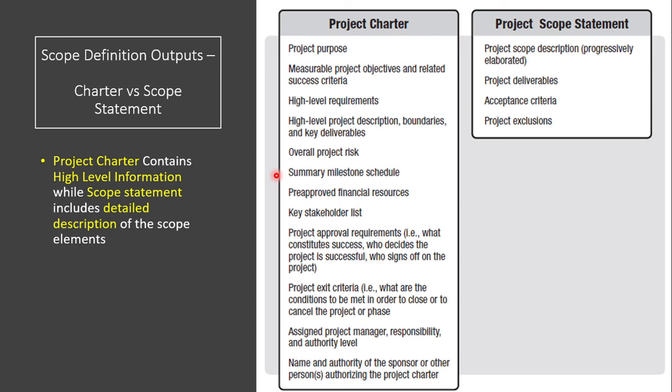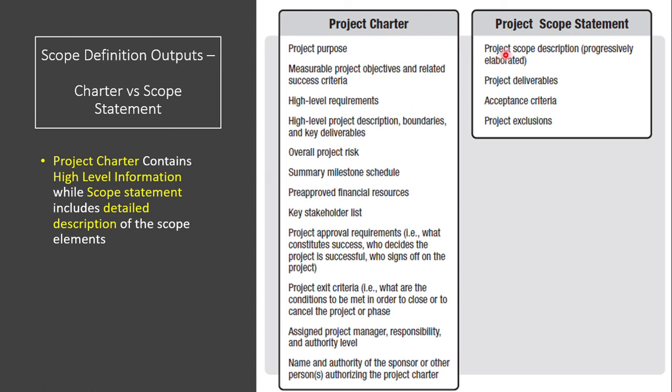Obviously, nothing is comprehensive at the project charter level since we are at the initial stage. It also has a bit of process on how things get approvals, some project exit criteria, and who is assigned to the project, including the authorities of the project manager and sponsor.